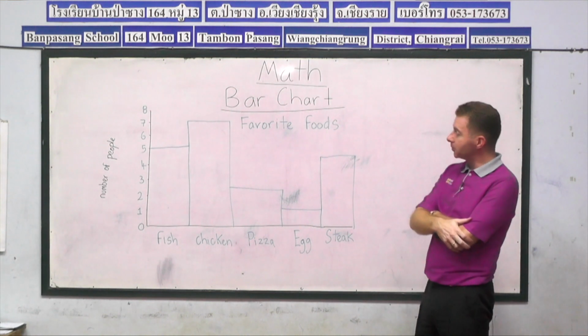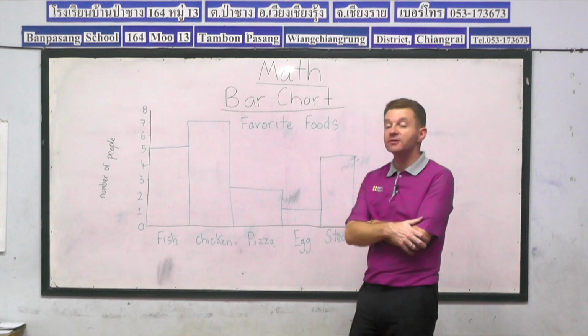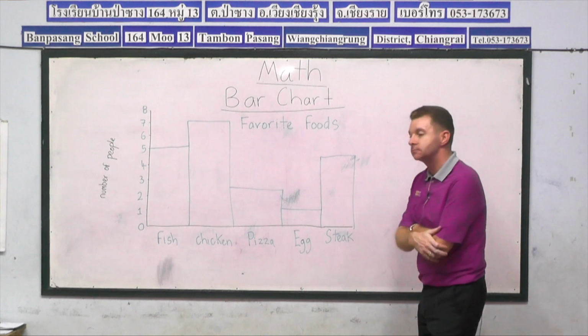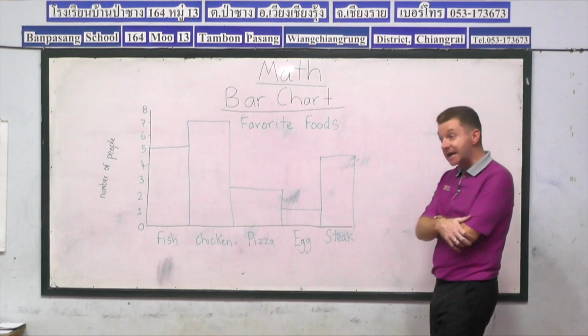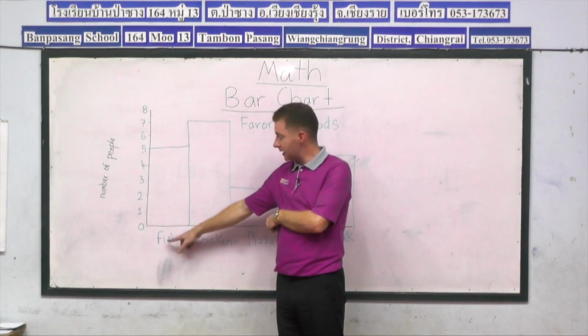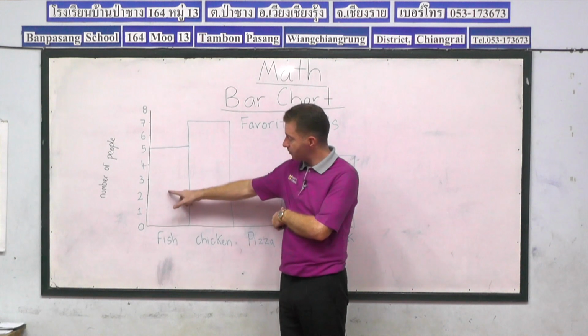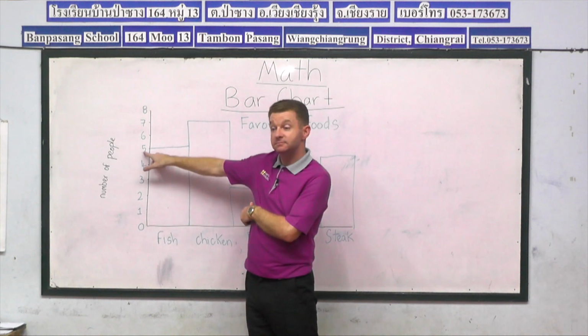How many people have fish as their favorite food, Net? 5, yes, because what we do is we go to the fish category and then we simply count up to the top of the bar. And where does the fish category stop? 5.